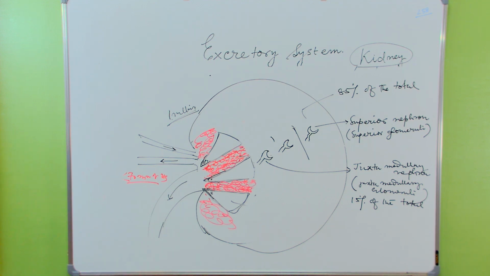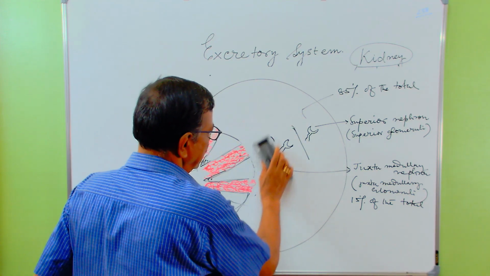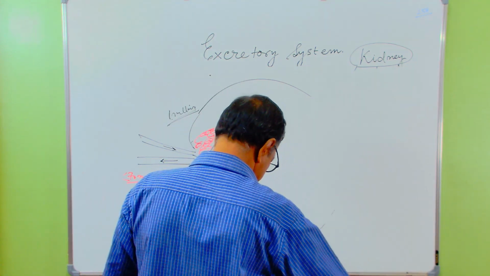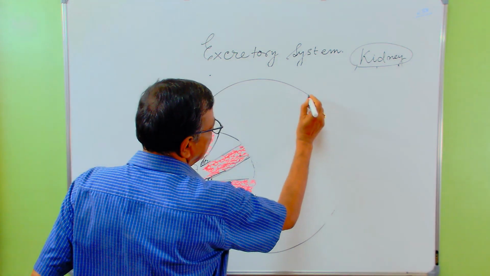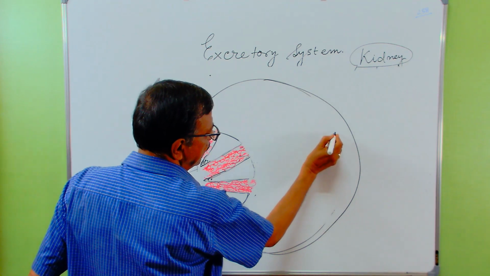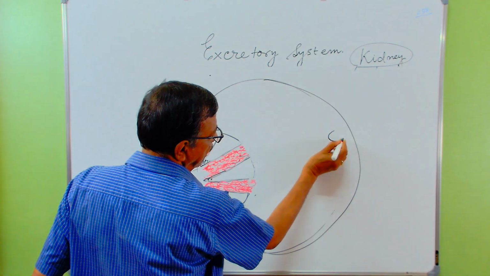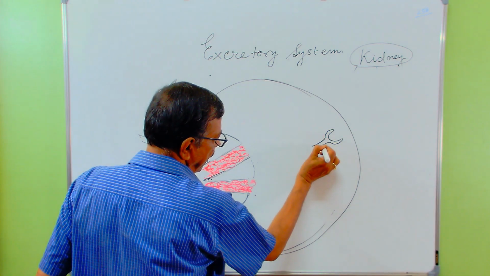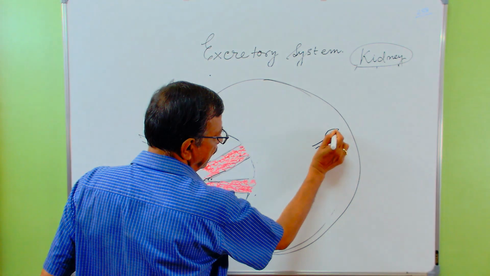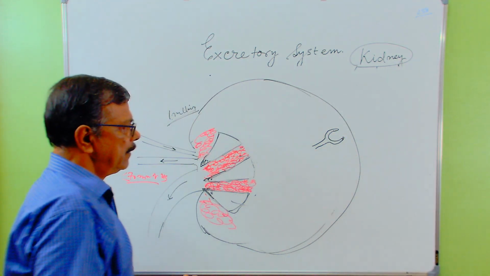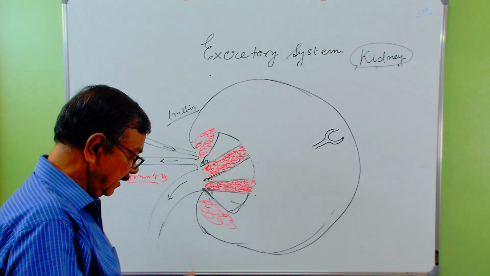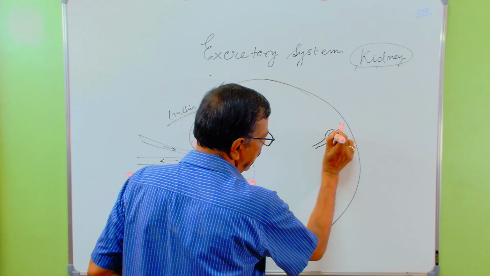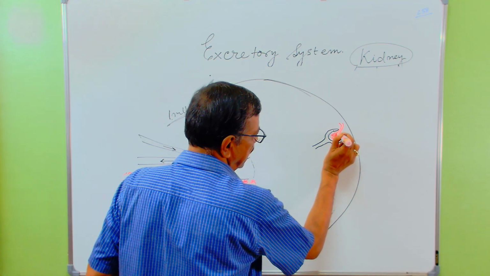Now this nephron consists of Bowman's capsule, and here the capillaries form a loop or glomerular tuft.